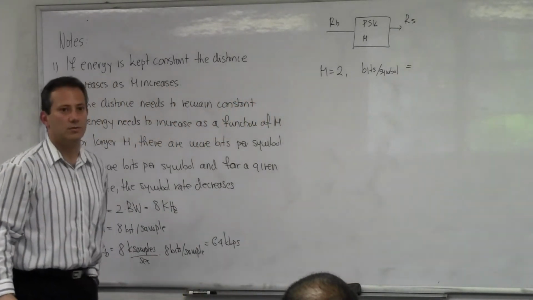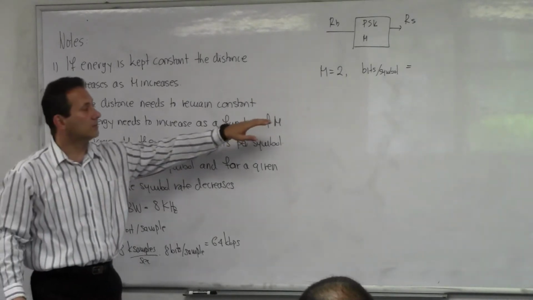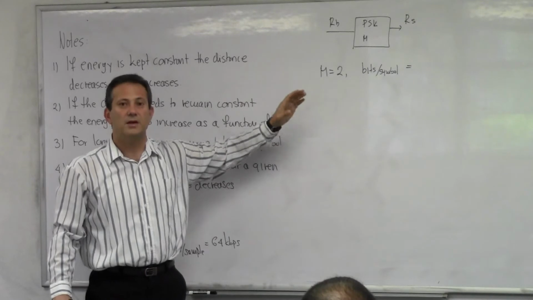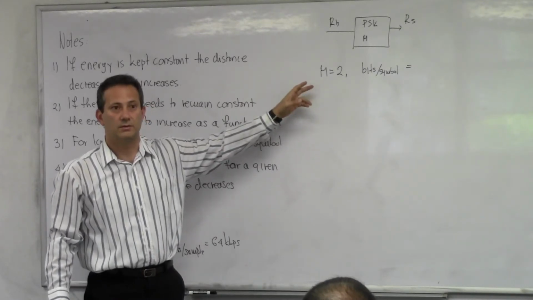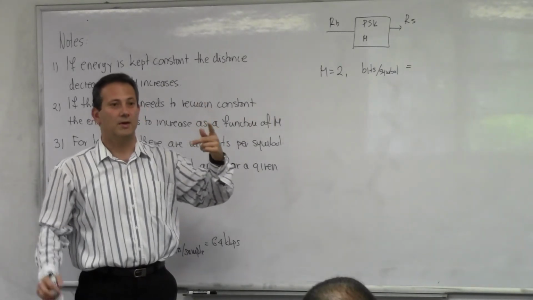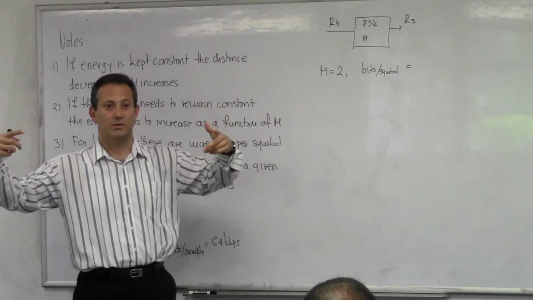In the case of binary phase shift keying, or BPSK, how many symbols in your constellation do you have? 2. So you have 2. How many bits? 1 bit, 1 symbol, right?